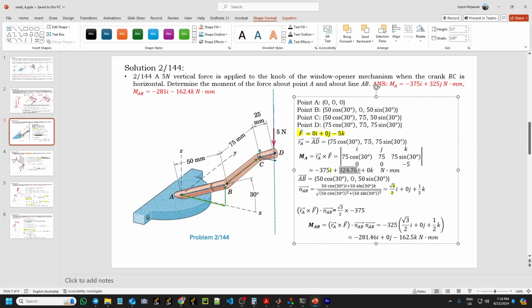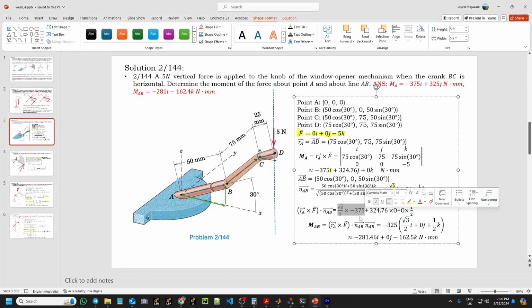And again, I will write it here. And what about the other one? 324.76 times 0, the j component will be multiplied. And here the k component is 0 times 1 over 2. So this will be the answer. We need to find this.